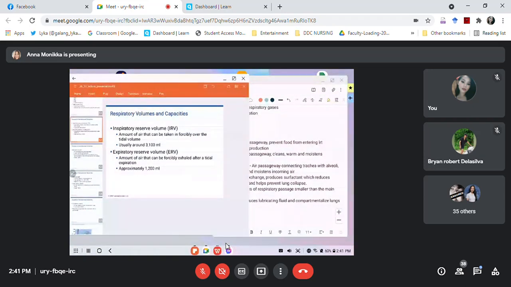The four respiratory volumes are tidal, inspiratory reserve, expiratory reserve, and residual. During normal quiet breathing, about 500 ml of air moves into and out of your lungs with each breath.